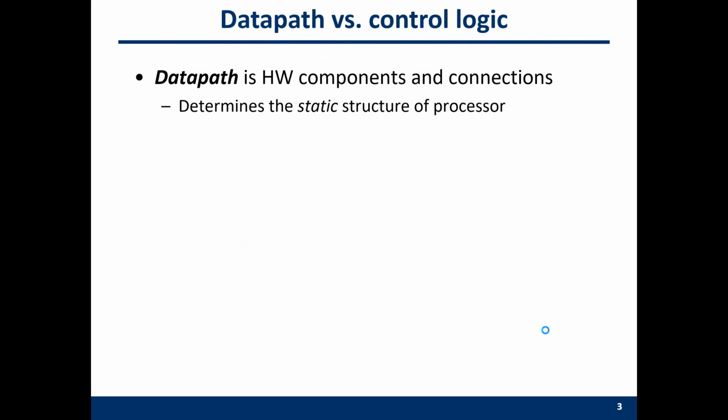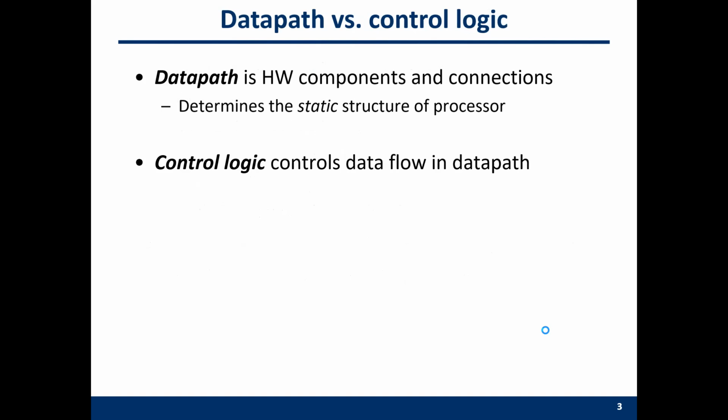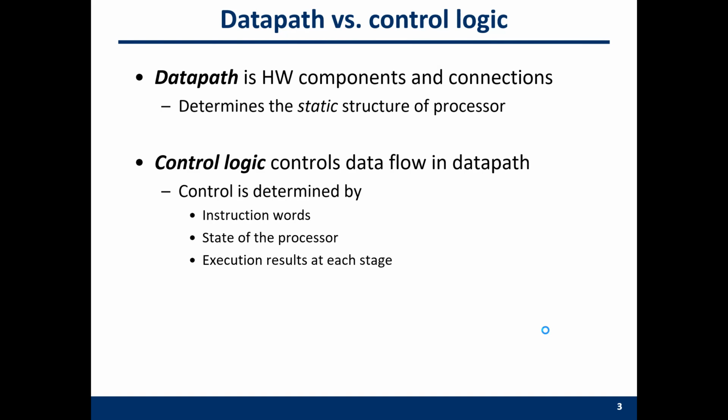The data path is the hardware components and connections, so it's static. Control logic controls the data flow in the data path. The control is determined by the instruction words, states of the CPU, and the execution result at each stage.